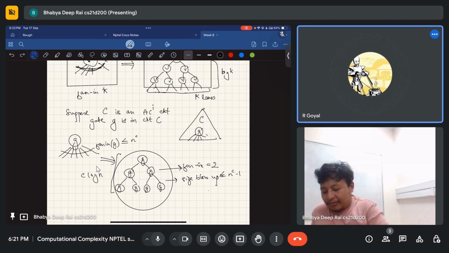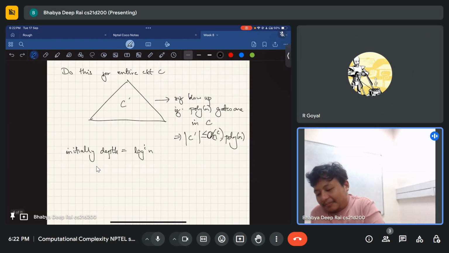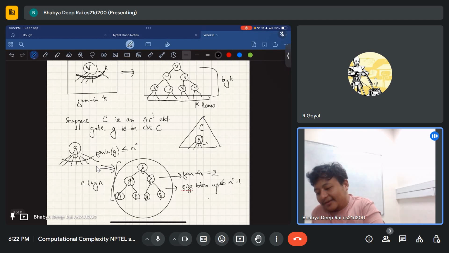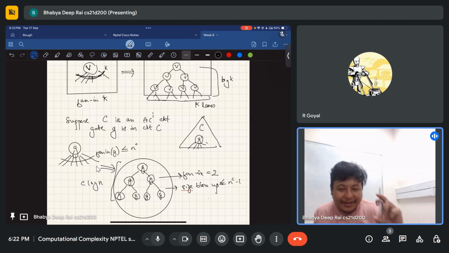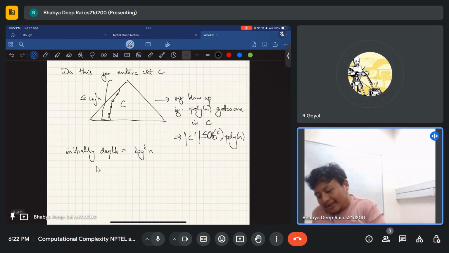In any path of the circuit, originally there were at most log to the I n gates. Now each of them you're replacing with this nice gadget, this tree-like structure, which is of log n depth. So what is the new total depth?